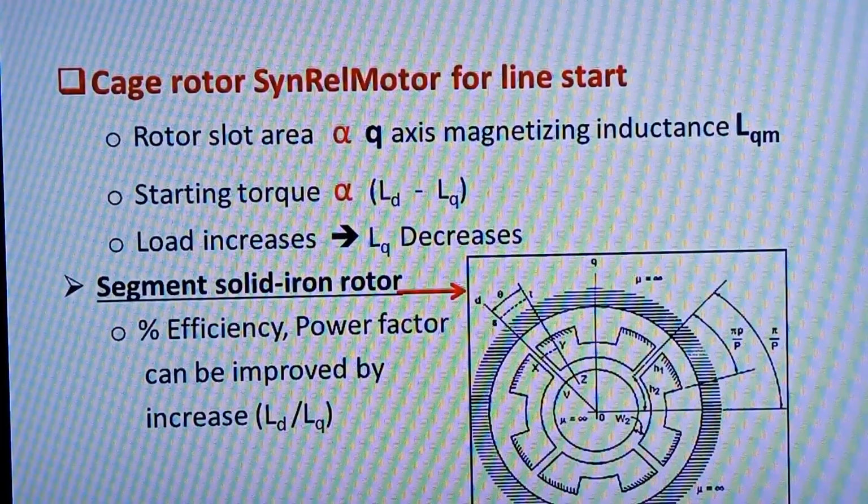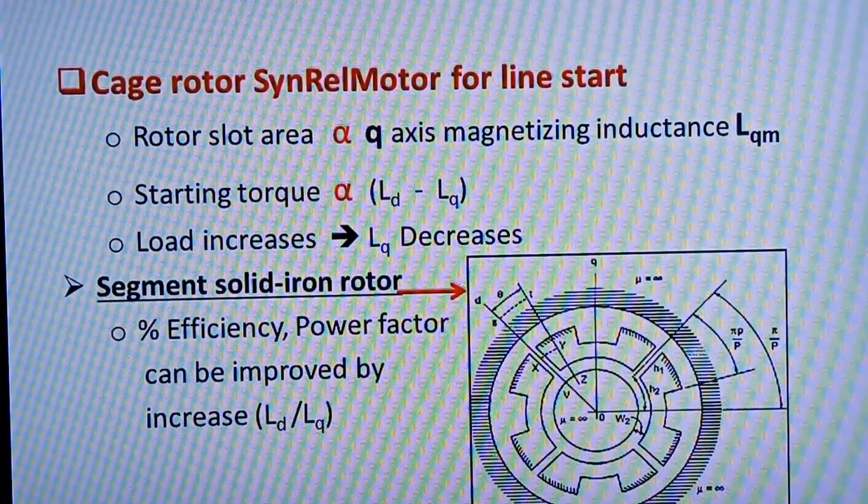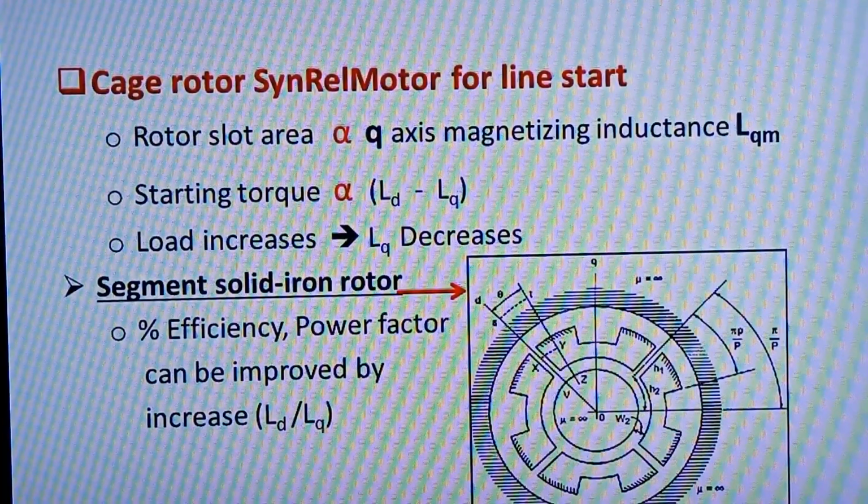So by adjusting the LQM value, we can change the torque angle as well as torque values. And another relationship here: the starting torque is proportional to the difference between LD and LQ values. Then the segment solid iron rotor construction is shown in this figure.